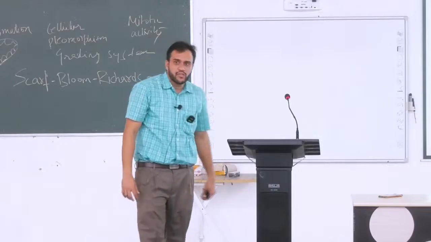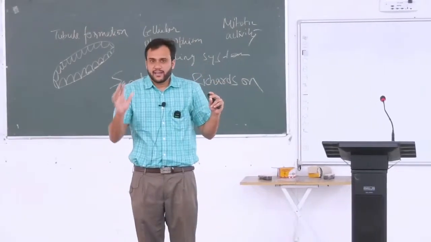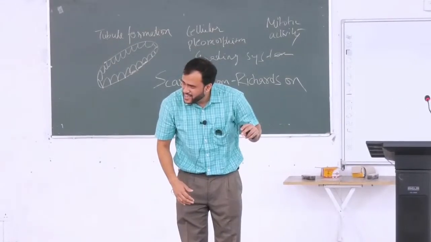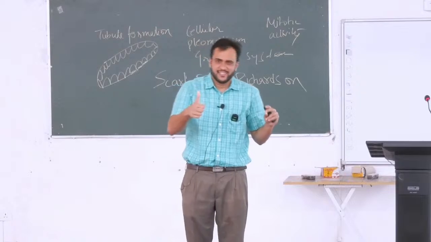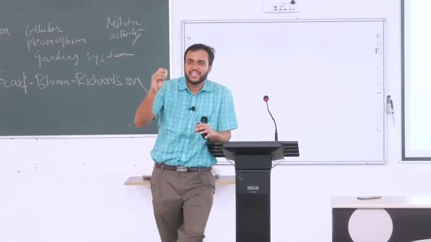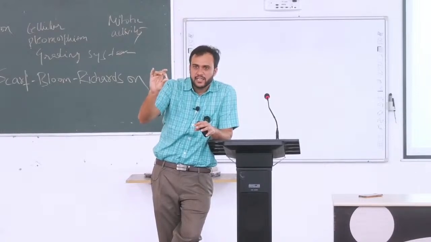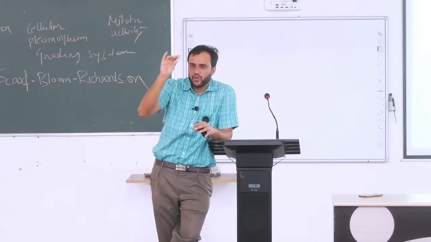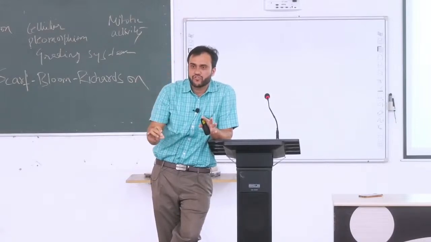Then you get HER2/neu. So the point is HER2/neu is basically a transmembrane protein, and against it an antibody or medicine has been discovered, which is known as lapatinib or trastuzumab.